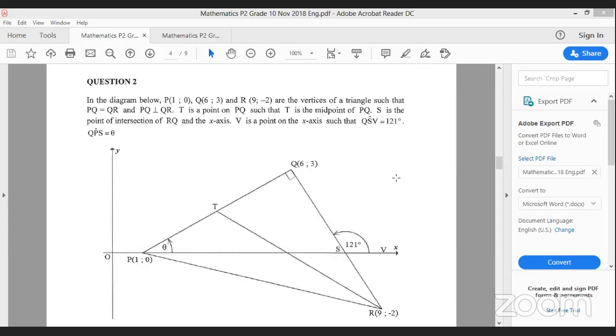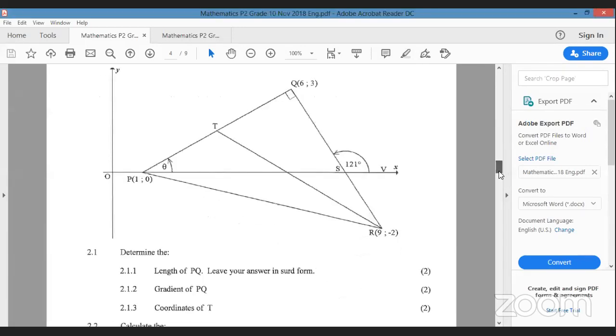Perfect. Now, let's look at the questions. Question 2.1 says determine the length of PQ. Leave your answer in surd form. So where is the length of PQ?